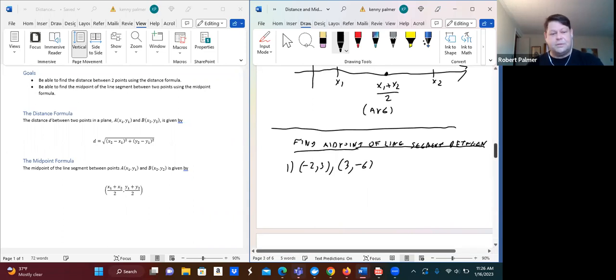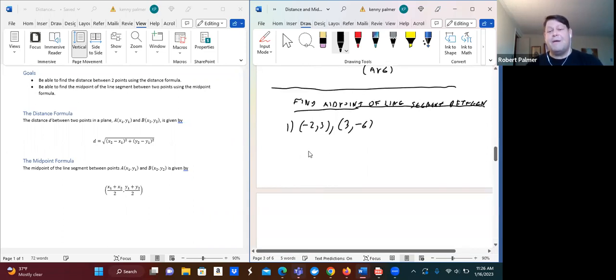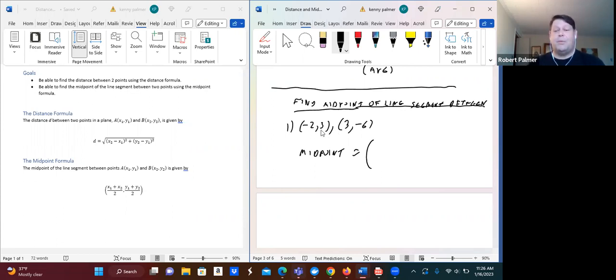Okay, so once again, as the formula says, what we're doing is just going to average our x's and y's, and it's going to be a coordinate pair. It doesn't matter which one we call x1, y1, or x2, y2. Let's call this our first point. So it's going to be -2 plus 3 over 2 for x's, and then 3 plus a -6, or basically 3 minus 6 over 2.